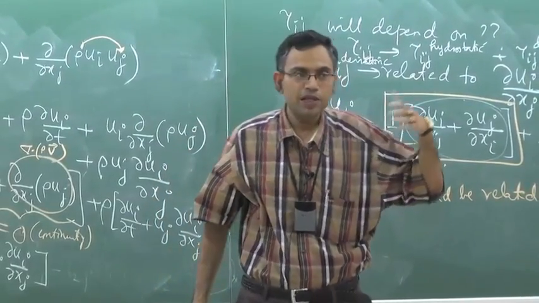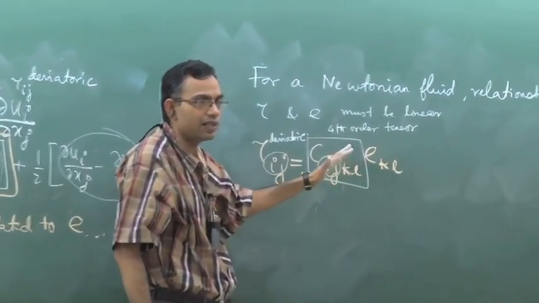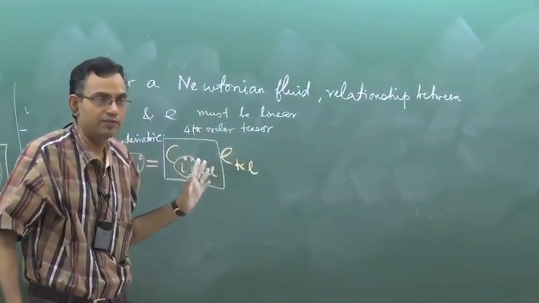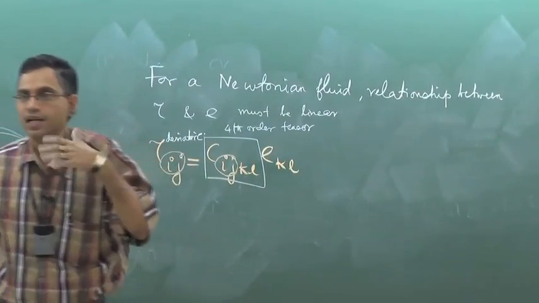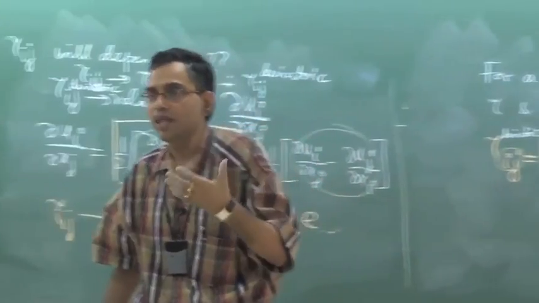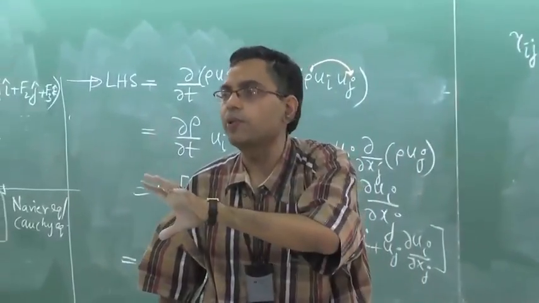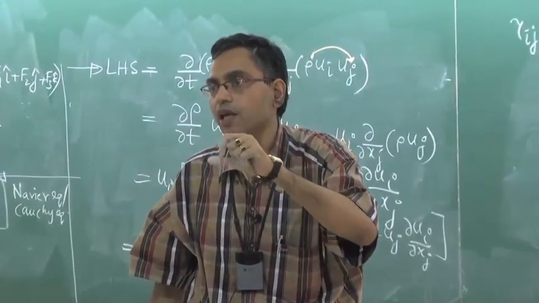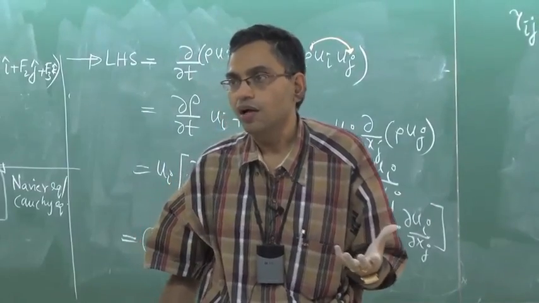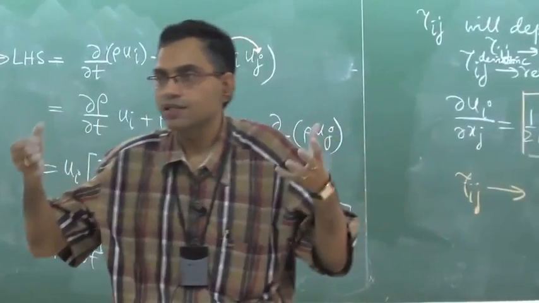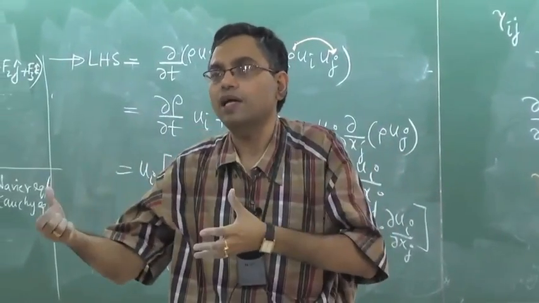But this will quickly come down not to 81 but to 36 because you have tau ij equal to tau ji. So that will simplify it a little bit, but still when we are describing properties of fluids like water, air, etc., we do not use 36 material properties. We use possibly the most important property, which is the viscosity. So the number of properties as large as this is not used for solving a practical problem.